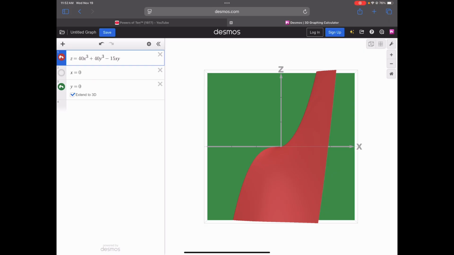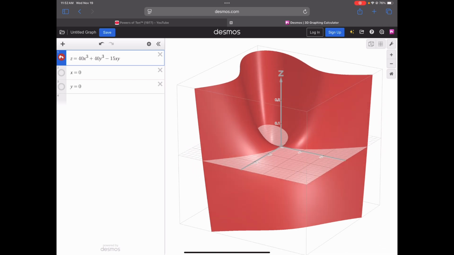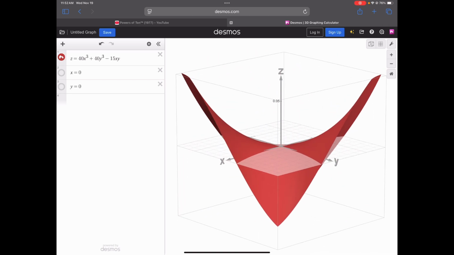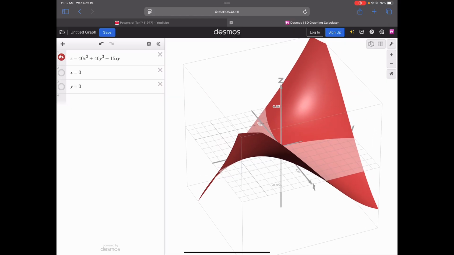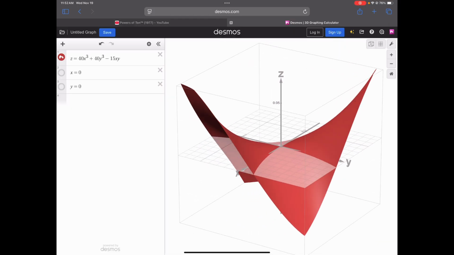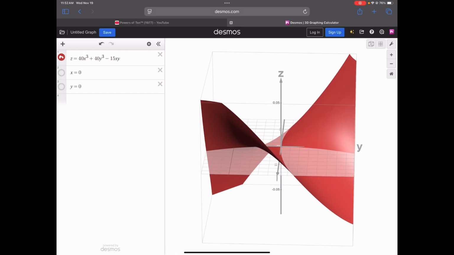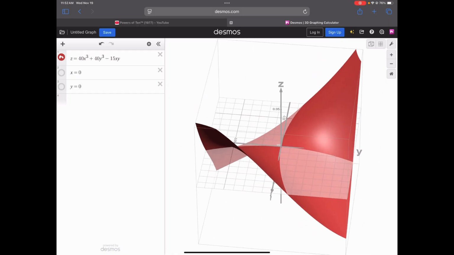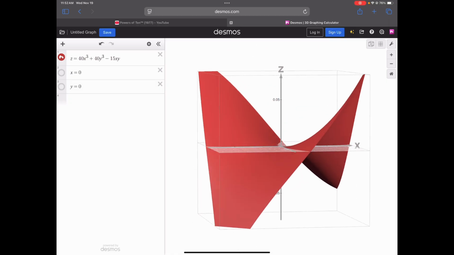But if I look closely at what's actually happening, let me zoom in, I have a shape like this, which of course is not a local minimum or a local maximum. It's not the highest point in the general area, and it's not the lowest point in the general area. Instead, it creates this kind of saddle shape.